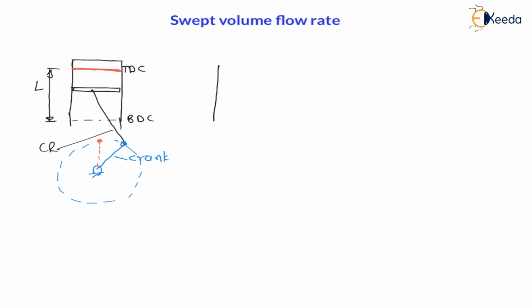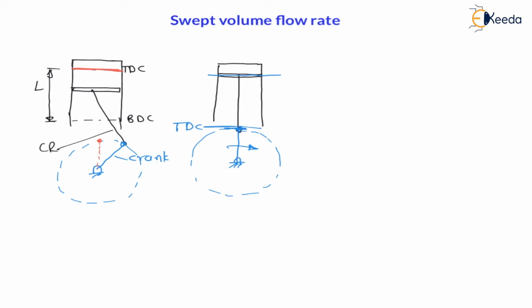Let us say the piston is at top dead center like this, then this connecting rod will be vertical, and after connecting rod the crank will be also vertical like this, and crank is pivoted here, and the crank is rotating like this. Means the top dead center position of the piston is top dead center position of the crank over here.